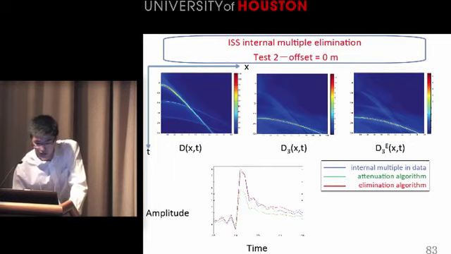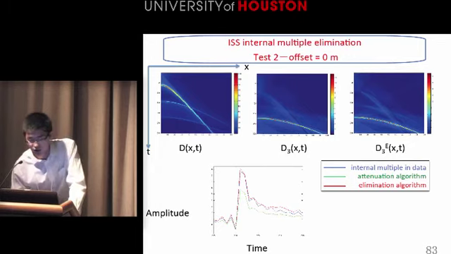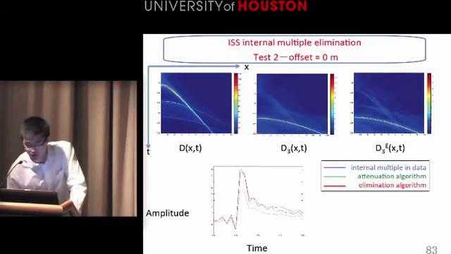Now we can first look at the zero offset. Here the green line shows the internal multiple attenuation algorithm, the blue line shows the internal multiple in the input data, and the red line shows the elimination algorithm. We can say the elimination algorithm predicts very good amplitude of the multiples.